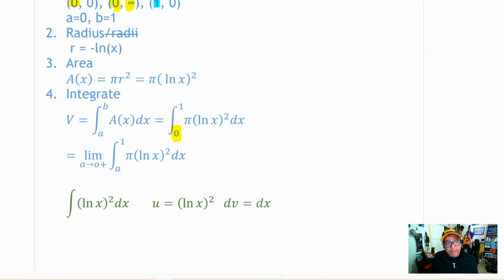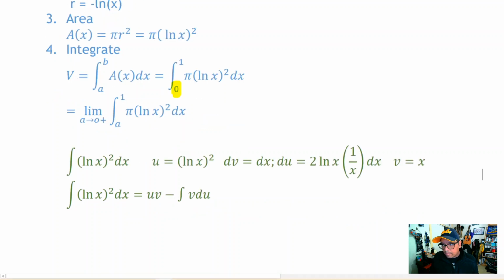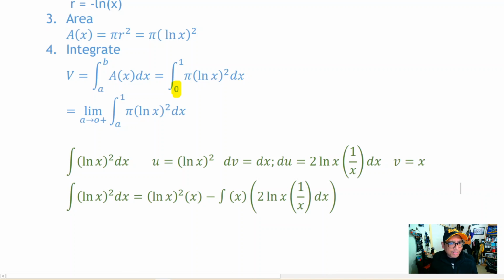The next step here is to find my du and my v. And with those two things available, now we can just go ahead and put this into our formula. Here's that integral by parts formula. There's a substitution for u. There's a substitution for v. And there's that substitution for du.